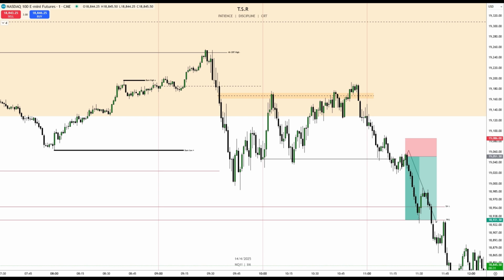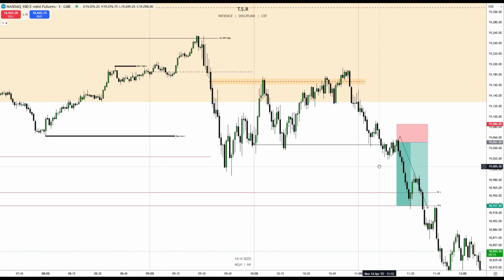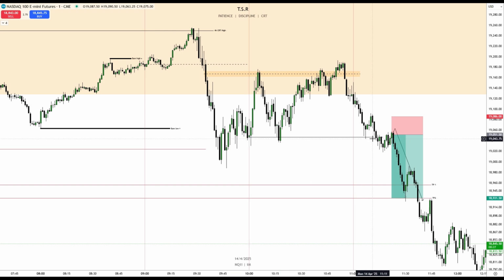Now the real move is going to happen when price displaces this open. As you can see, price action during the 10 a.m. hour was simply bouncing off of the open, no displacement, no entry. Finally coming back down, the 11 a.m. candle opens. We want to see little to no price action above the 11 a.m. open.